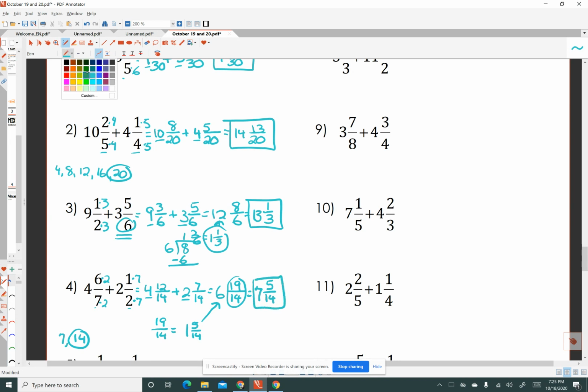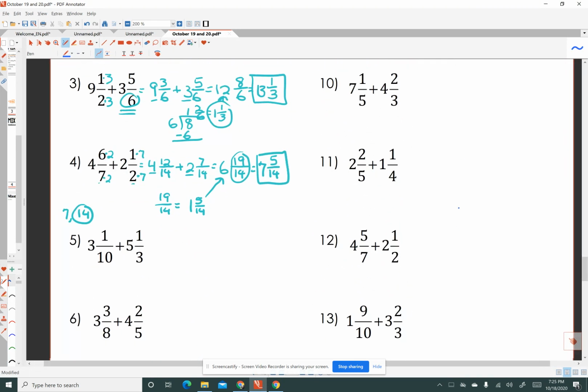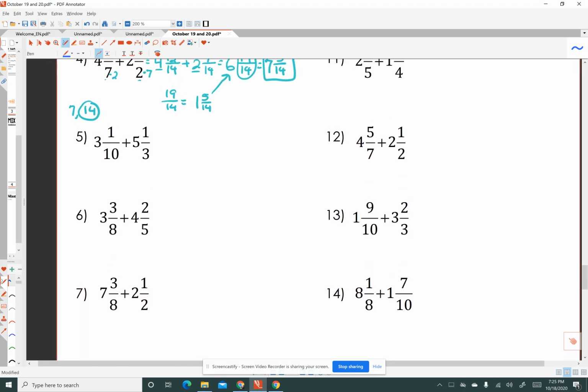Okay, moving along, let's move on to number 5, 6, and 7. So number 5, we have denominators of 10 and 3. So multiples of 10 are 10, 20, 30, and 30 is also a multiple of 3, so that will be our new denominator.